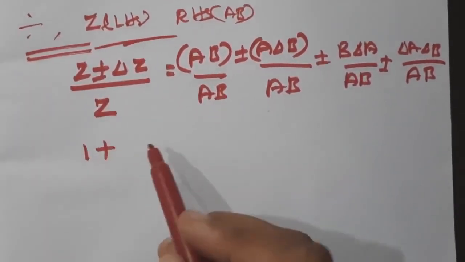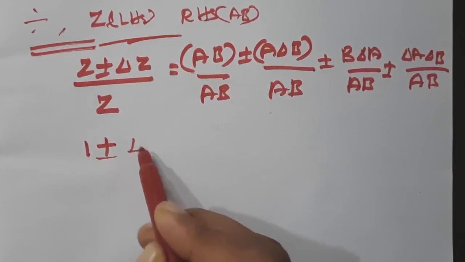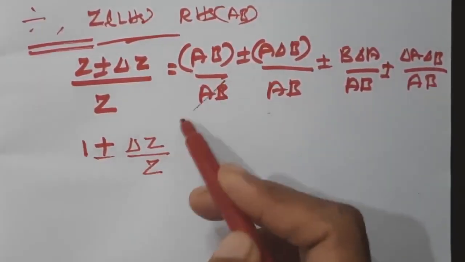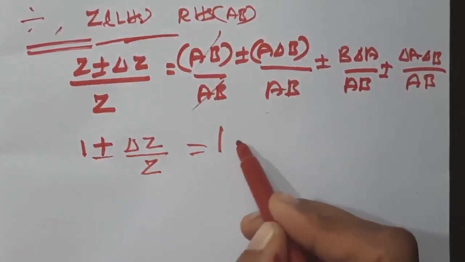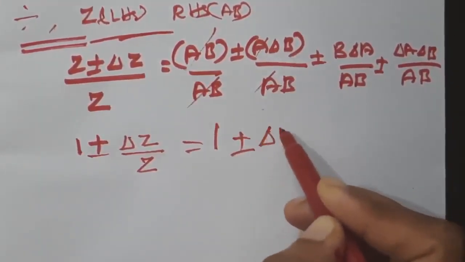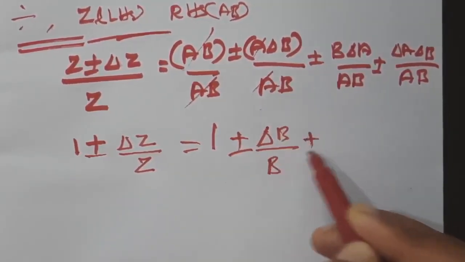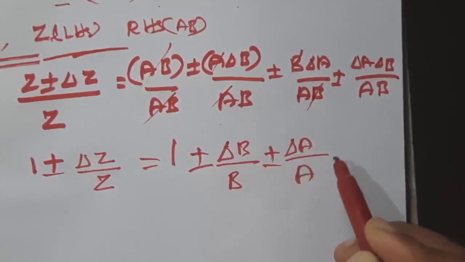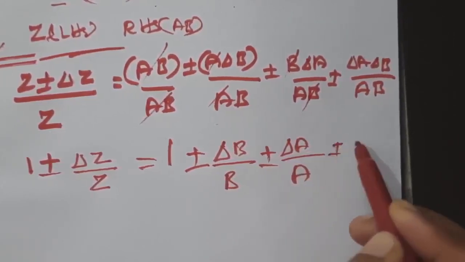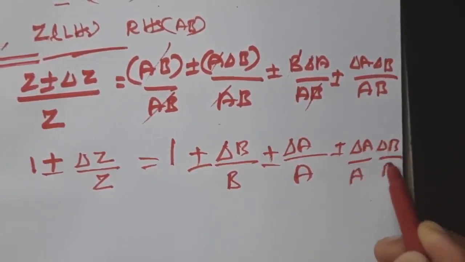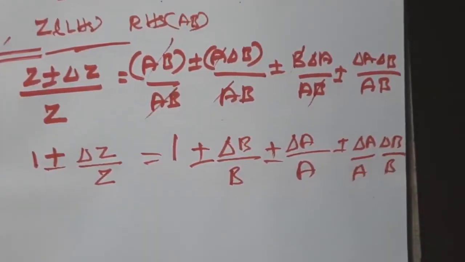So what will we be getting? 1 plus or minus delta Z by Z equal to AB cancelled. 1 plus or minus A cancelled, delta B by B plus or minus B cancelled, delta A by A plus or minus delta A delta B, delta A by A, delta B by B.